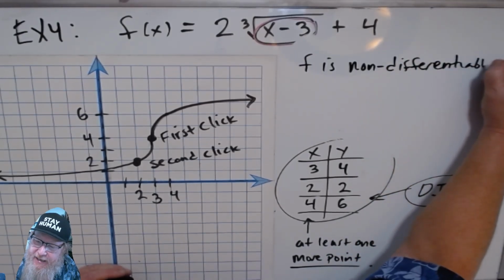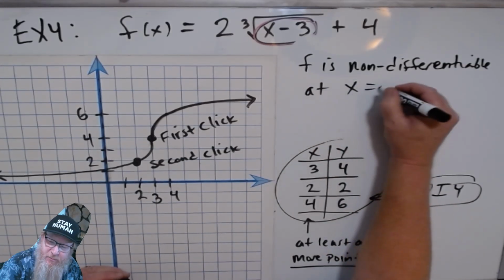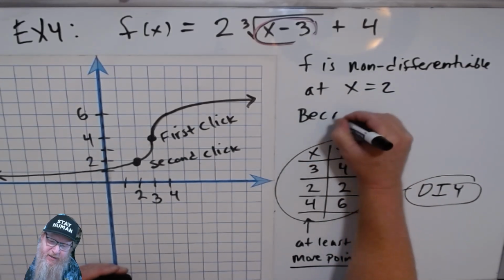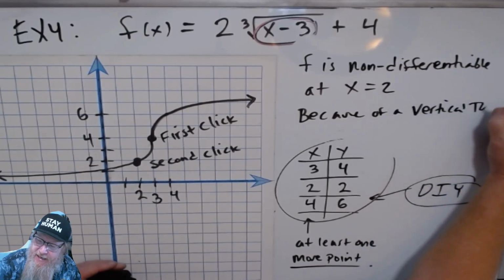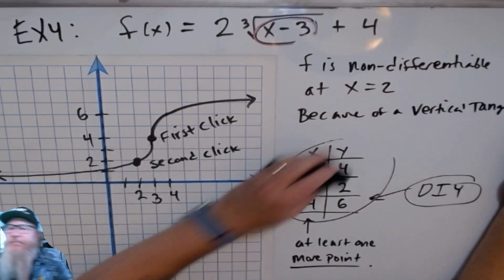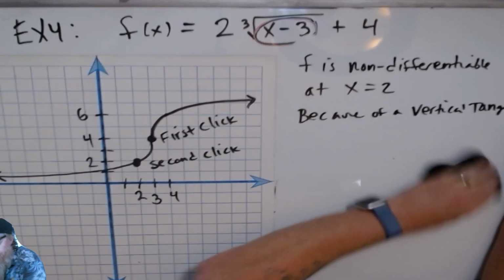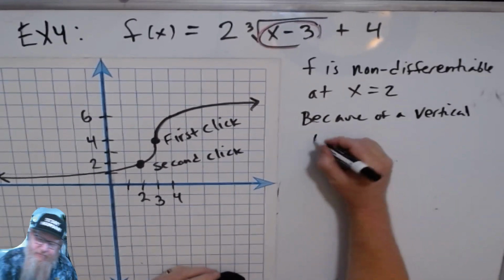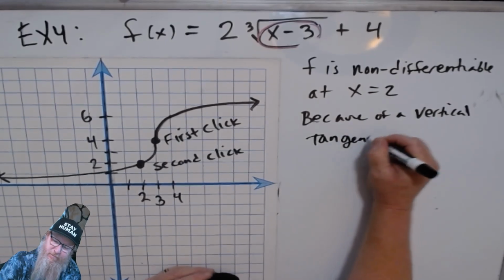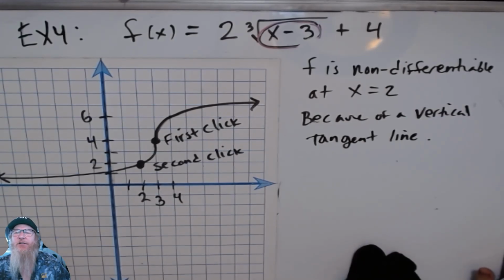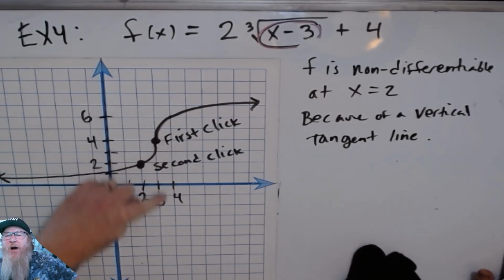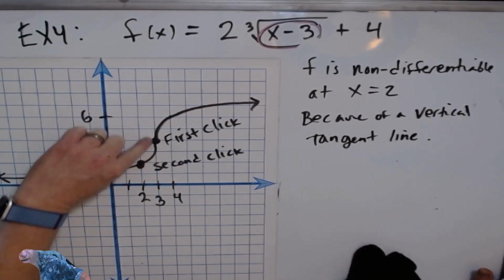It doesn't have a break in it at x equals 2 because of a vertical tangent line. So it has a vertical tangent line. You don't have to draw the tangent line, but you can imagine it's right here.